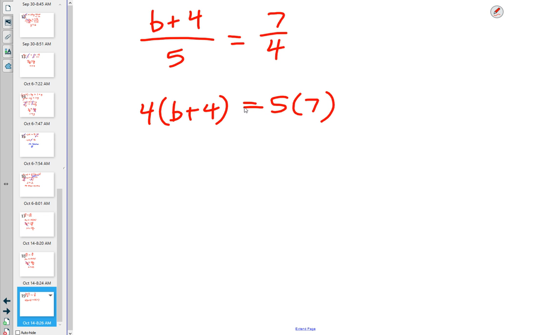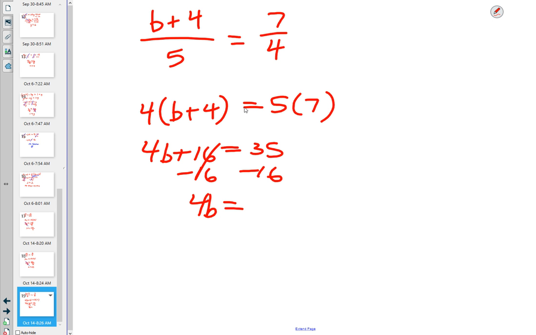Ashley, how am I going to get rid of the parentheses? Distribute. 4b plus 16 is equal to 35. So now just minus 16. 4b is equal to 19.